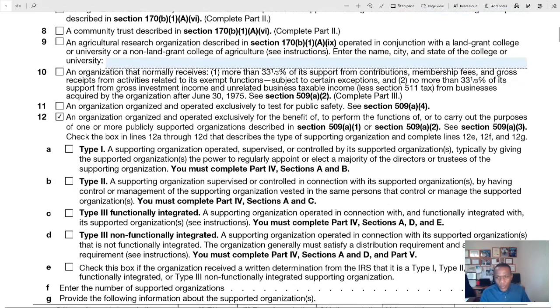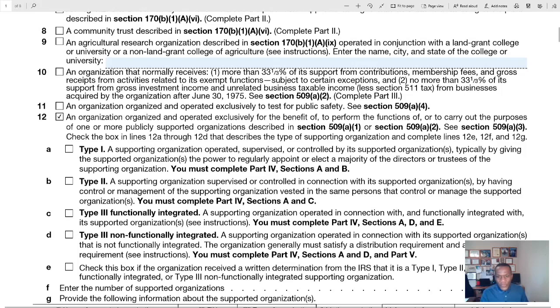Type 1 is a supporting organization operated, supervised, or controlled by its supported organization, typically by giving the supported organization the power to regularly appoint or elect a majority of the directors or trustees of the supporting organization.